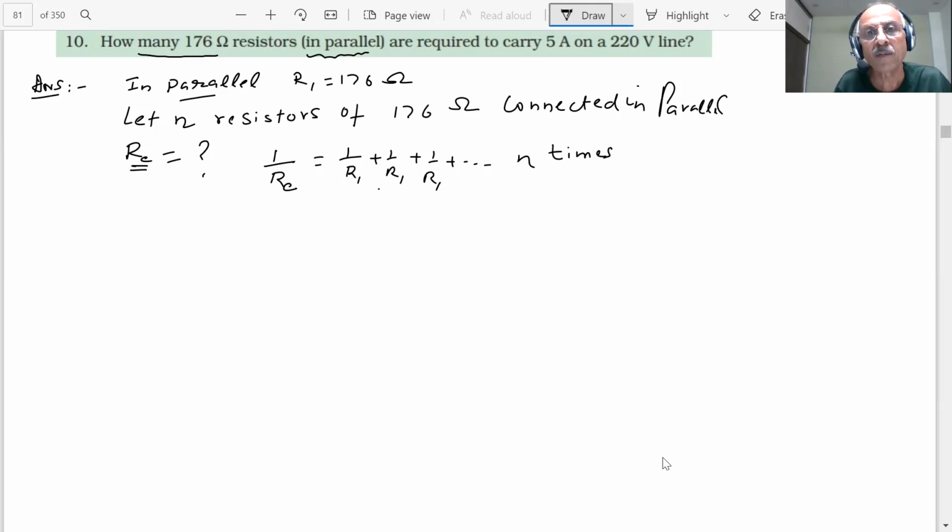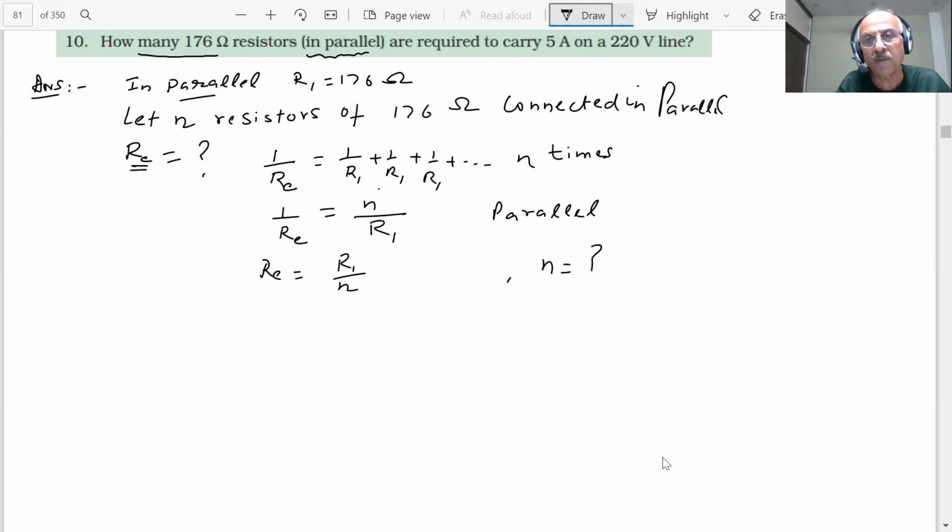Okay? Or in other words, you have n divided by R1, student, when they are connected in parallel. Then R effective is R1 by n. Am I right? What do you want to find out, student? You have to find the value of n.